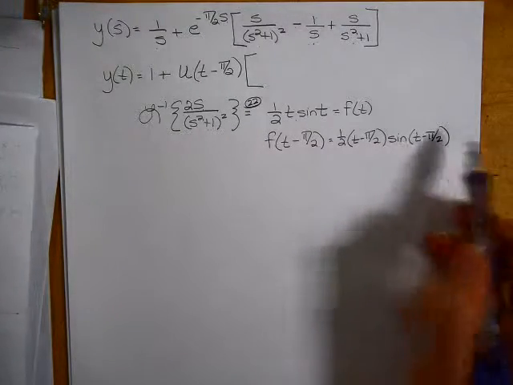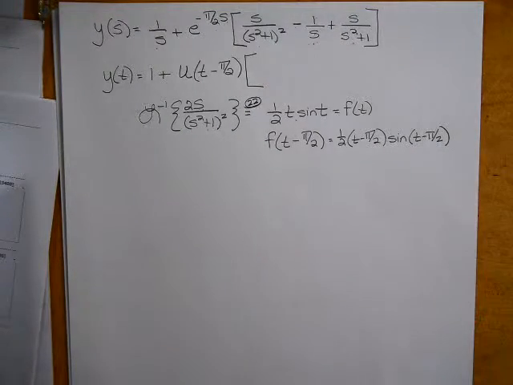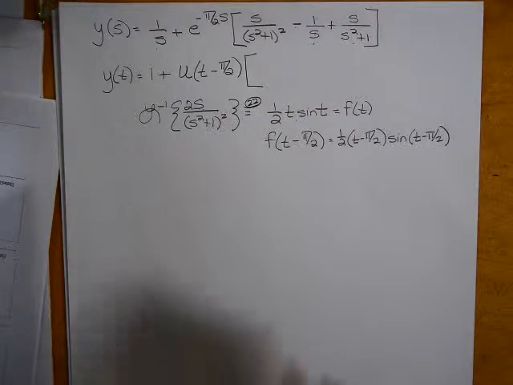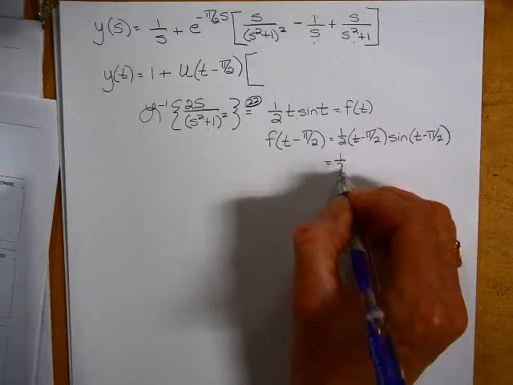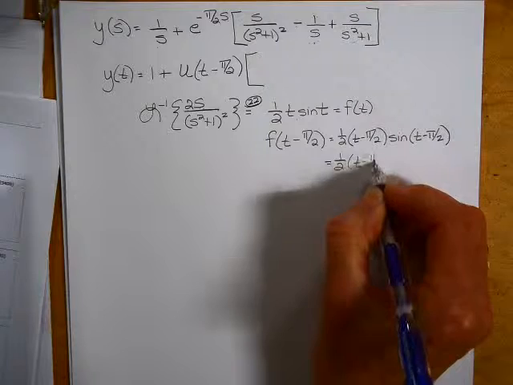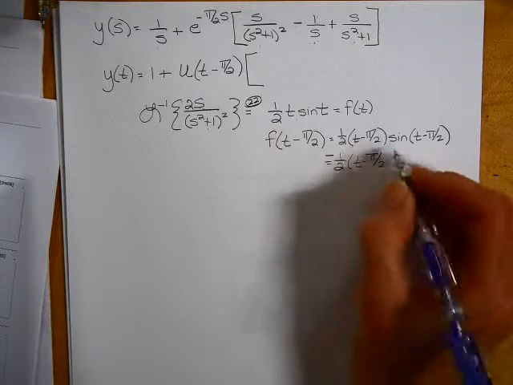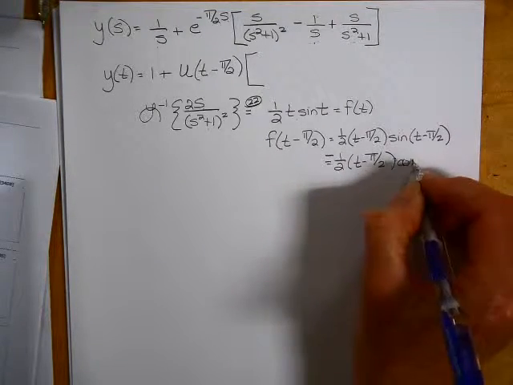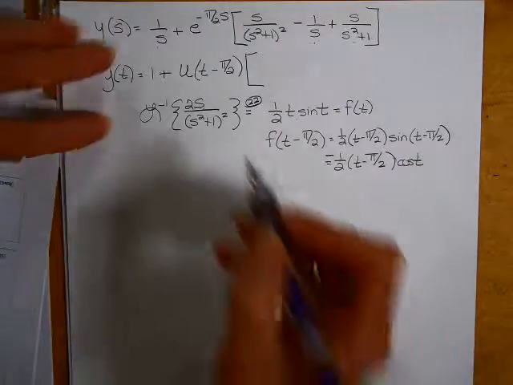And this would probably simplify, it's probably negative cosine or cosine. Sine of t minus pi over 2 is negative cosine. So that's 1/2 t minus pi over 2. I'll stick the negative in front. Cosine of t. So that's going to go first.